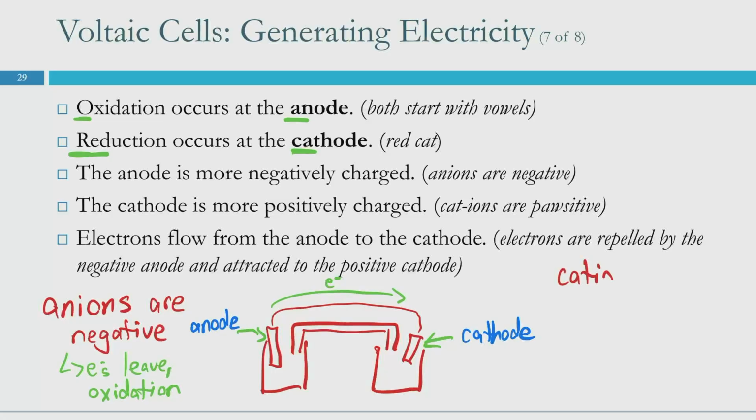Again, cations are positive, and so that's where the electrons are going to go. So that's going to draw in or attract electrons.